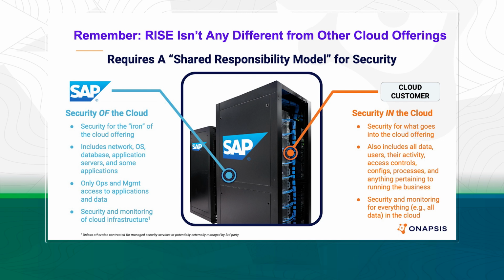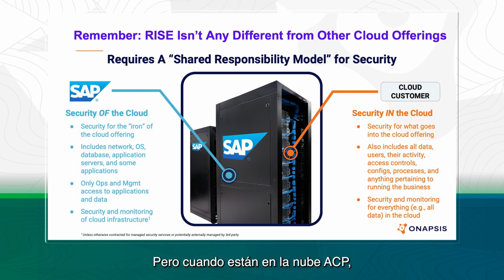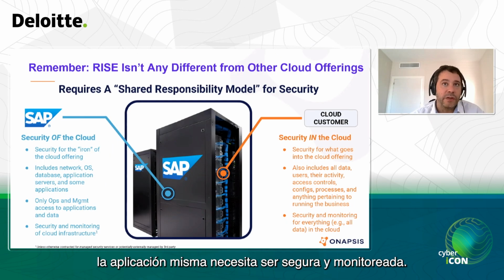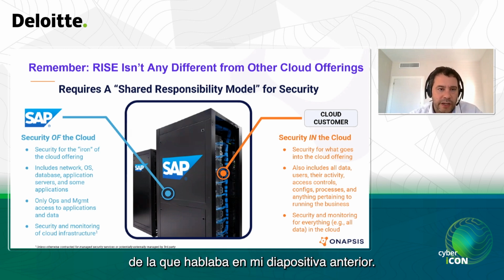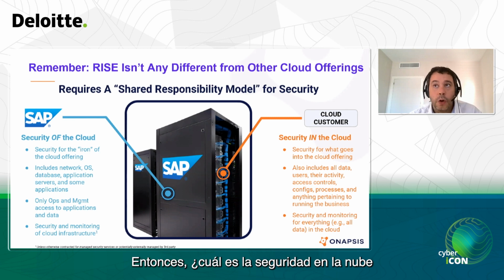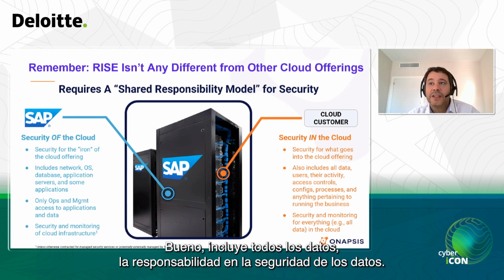The infrastructure is usually already taken care of by the InfoSec team. But when you are in the cloud, the SAP application itself needs to be secure and monitored. That's something that is usually missing, and that's the gap I was talking about in my previous slide. So what is the security in the cloud which the customer should take care of?